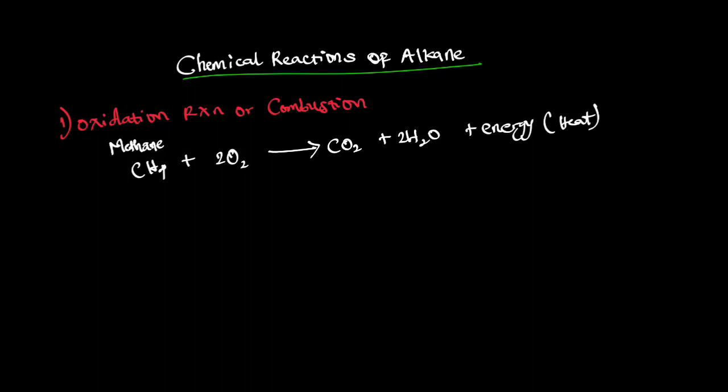The heat evolved in this process, which I can call the heat of combustion, is the measure of the amount of energy stored in these bonds, in the sigma bonds, because what it's actually doing is that these bonds here are actually broken.